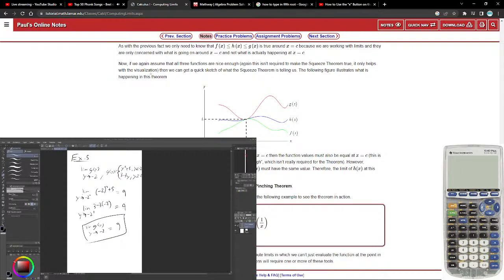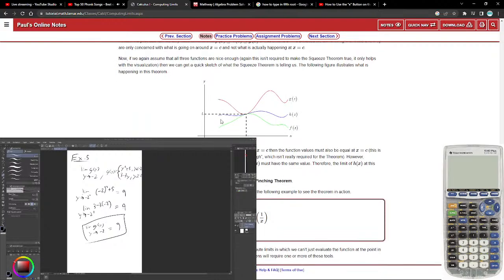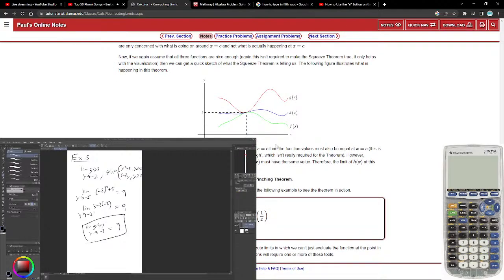Now if we again assume that all three functions are nice enough, it's not required to make the squeeze theorem true, but it helps with the visualization, we can get a quick sketch of what the squeeze theorem is telling us. From the figure we can see that the limits of f of x and g of x are equal at x equals c.